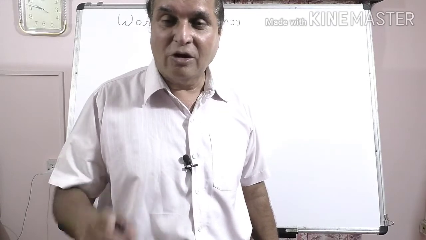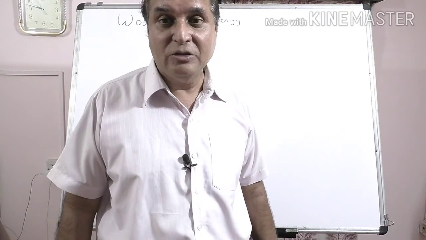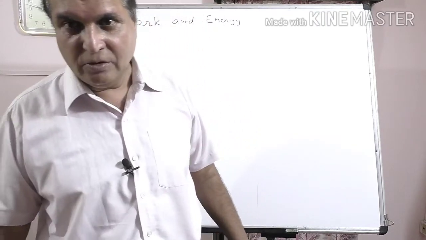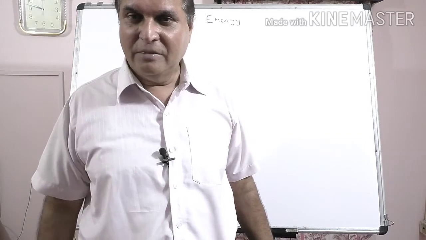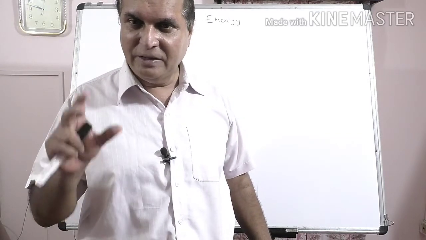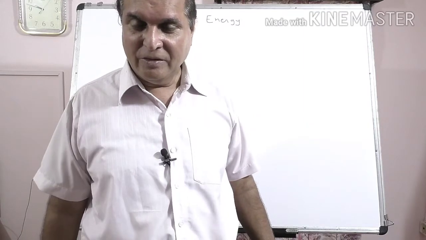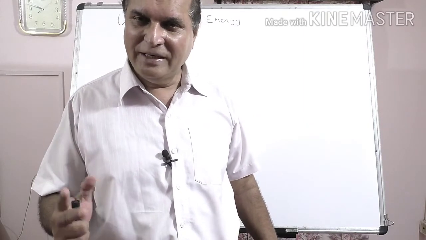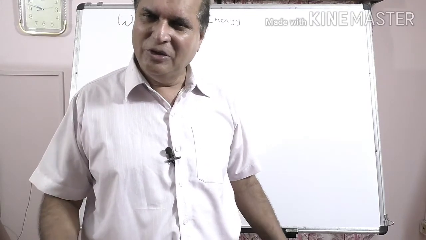So Fs into cos 30, here theta is 30. Cos 30 value is root 3 upon 2. Okay, you have to put the value of cos 30. Whatever force is given into displacement into root 3 upon 2 if angle is 30. That value will be explained in the trigonometry chapter. Just now you should know, that's all.